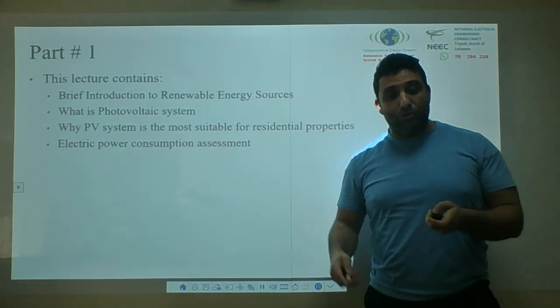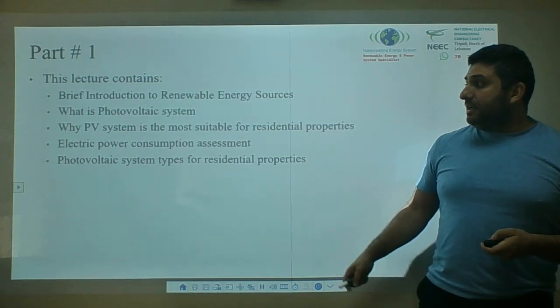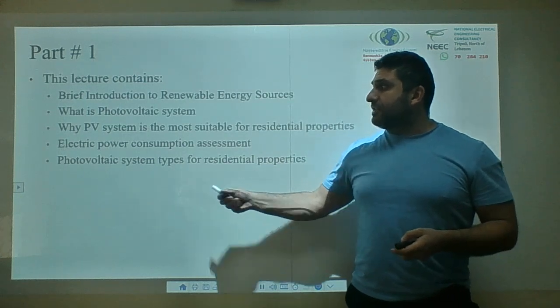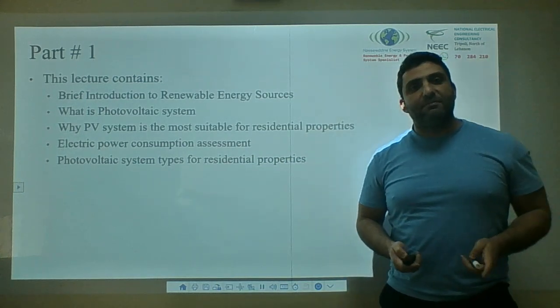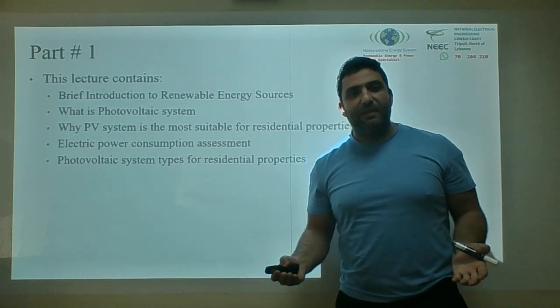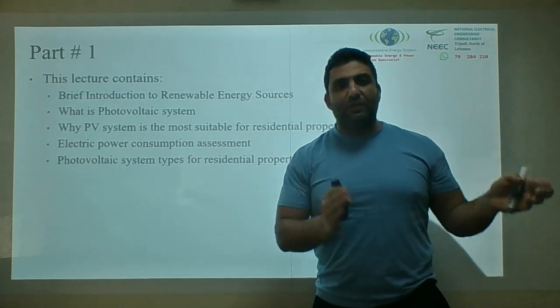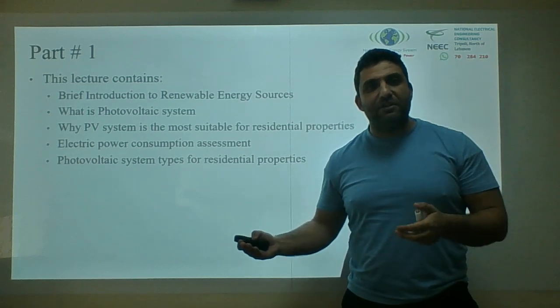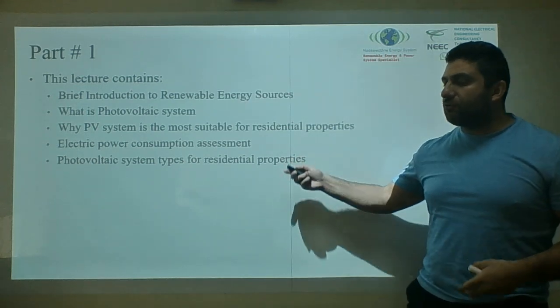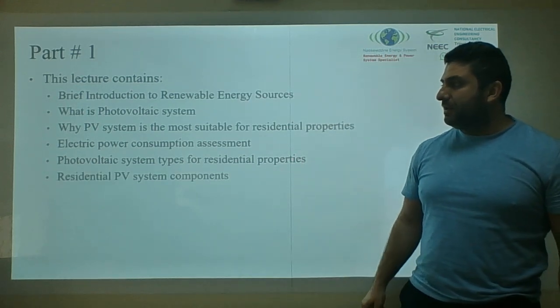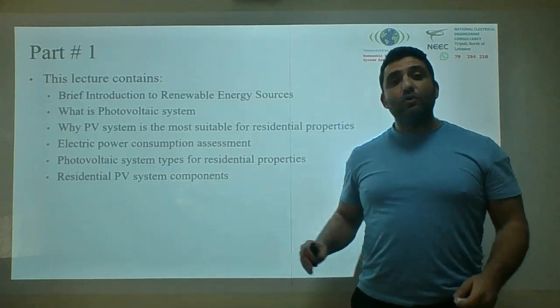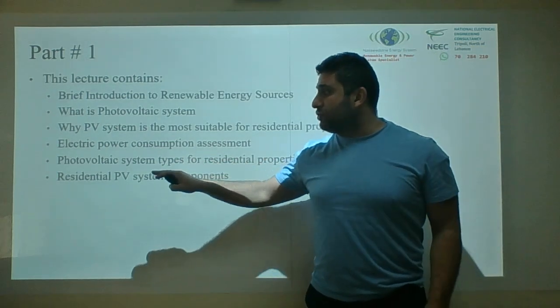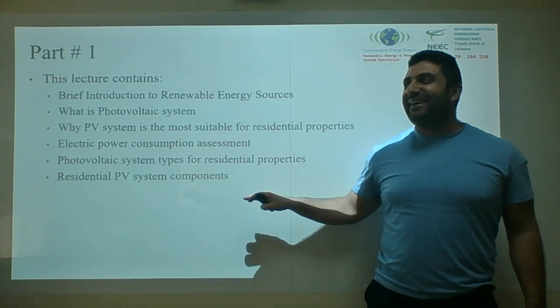for you to design the system that suits. And then I want to go into details about photovoltaic system types. There are multiple types: grid-connected with energy storage, without energy storage, grid-connected with no injections, and standalone. We're going to go through each one of them step by step. And then we are going to go through residential PV system components.